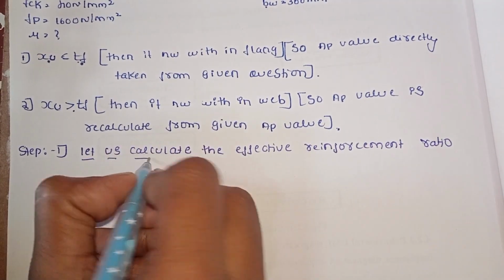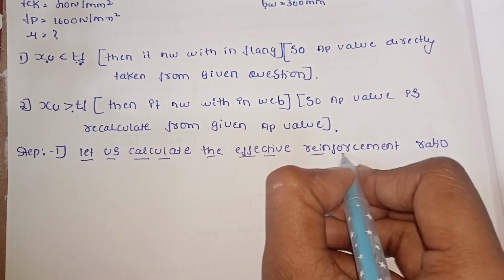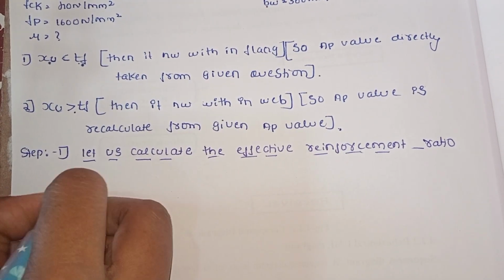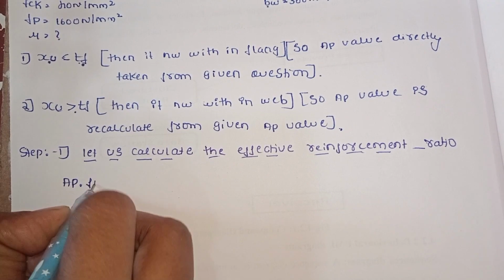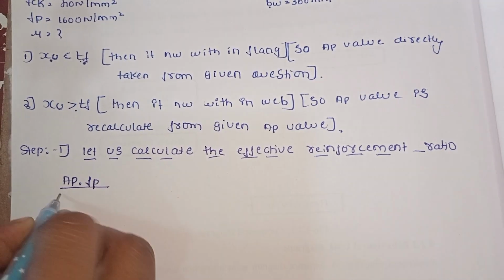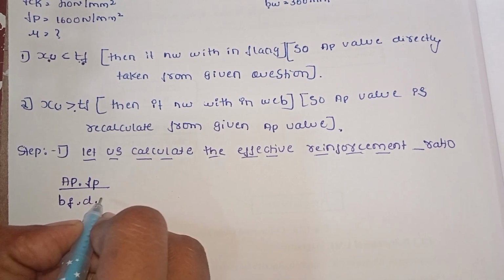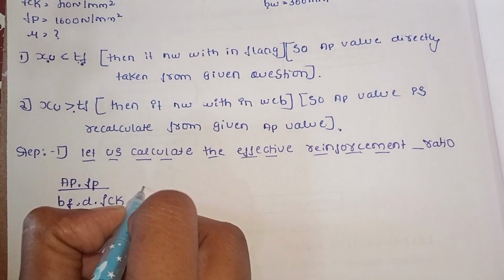The formula is AP into FP divided by BF into D into FCK.